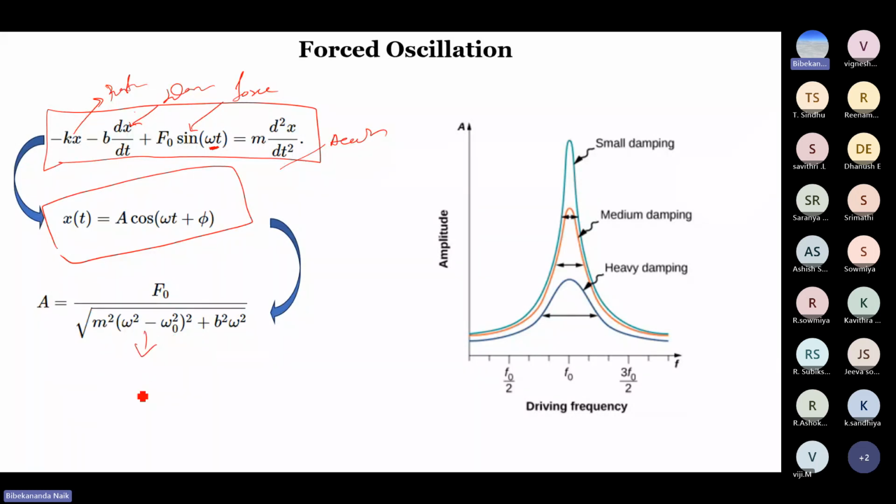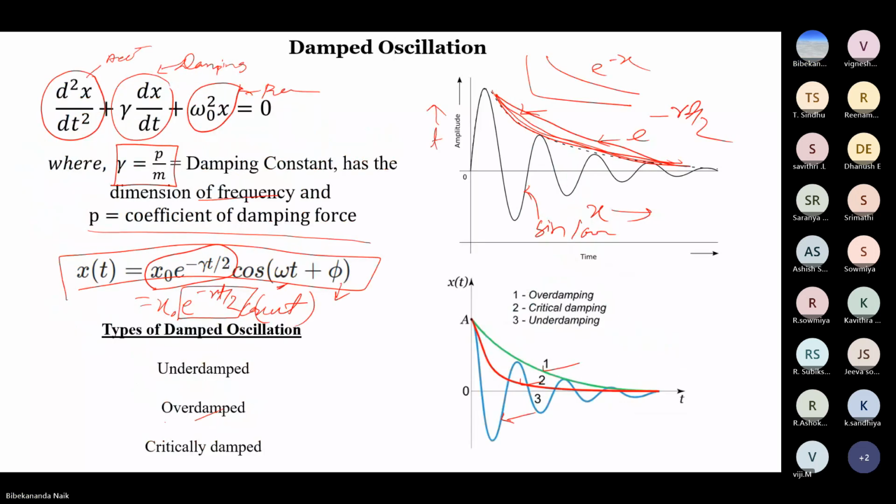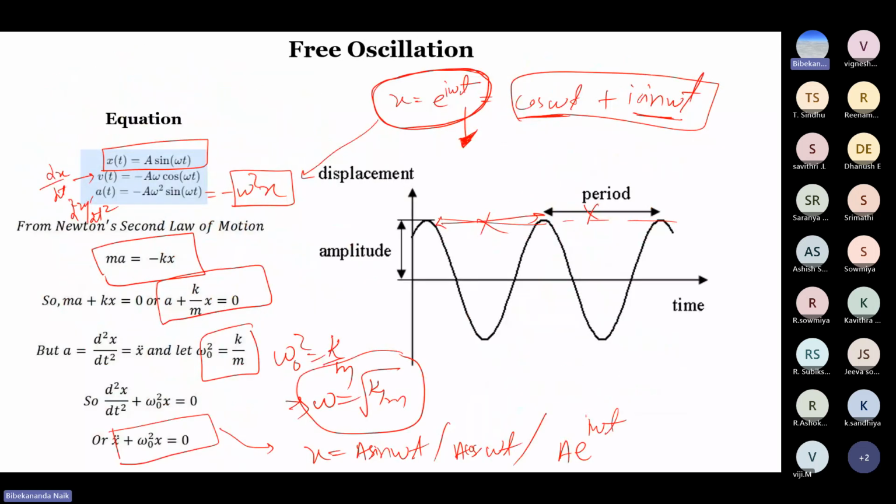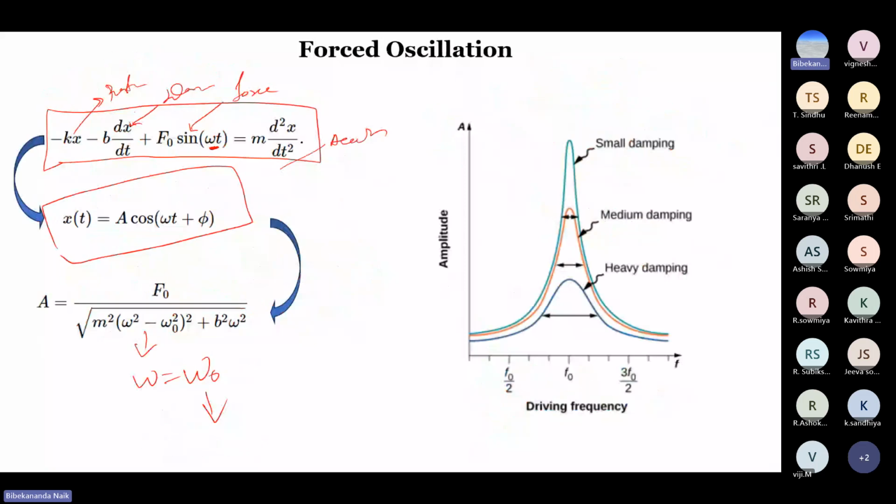So when omega is equal to omega 0, this omega 0 is the frequency of oscillation, and this omega is the frequency of the applied force. So when these two are equal, only then this amplitude will be maximum.